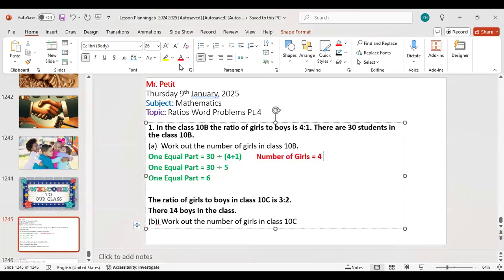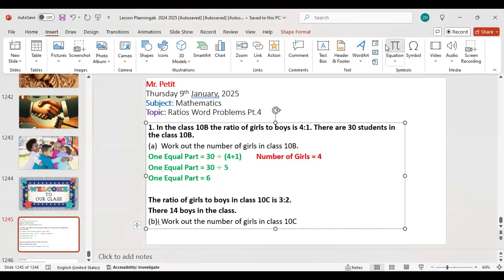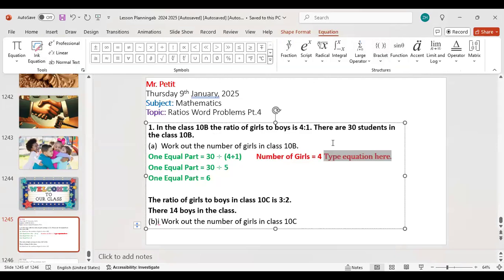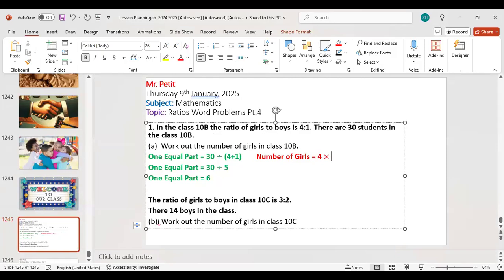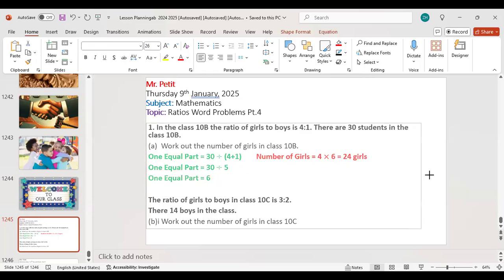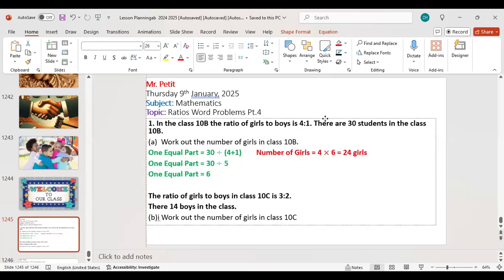So 4 multiplied by one equal part, which is 6, is 24. So there are 24 girls.